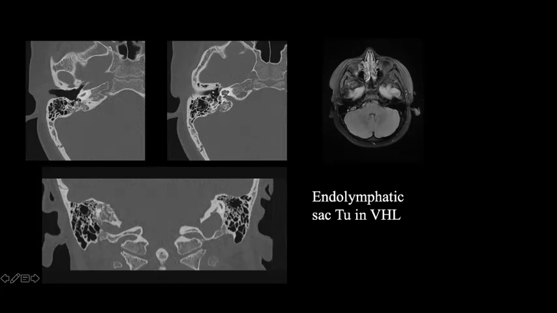So in this location, that's where the endolymphatic sac can sit. And then if you see what looks like erosive changes within the bone with some enhancing component on post contrast, then this is part of endolymphatic sac tumor, which is most likely seen in von Hippel-Lindau syndrome.